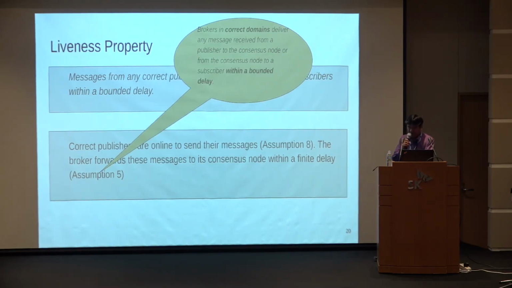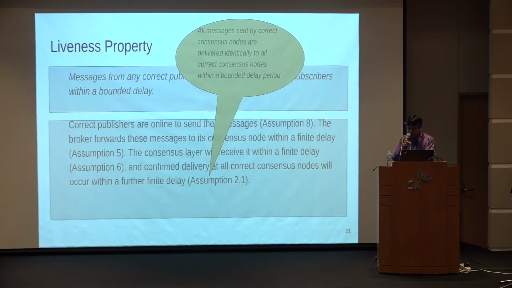And then these consensus nodes would deliver the messages to all the other consensus or validated nodes in the network, as long as the majority of the consensus nodes are non-faulty in the network.